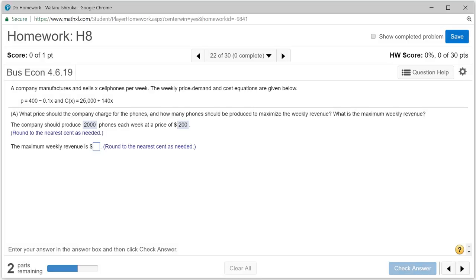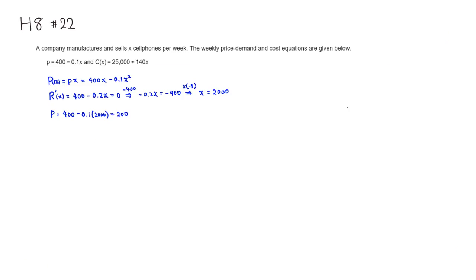The maximum weekly revenue is, so we have to find the revenue. The price is 200 and x is 2,000.